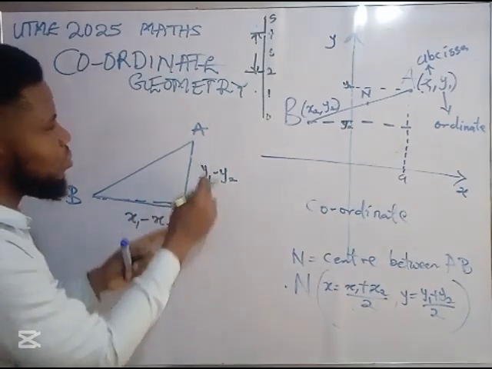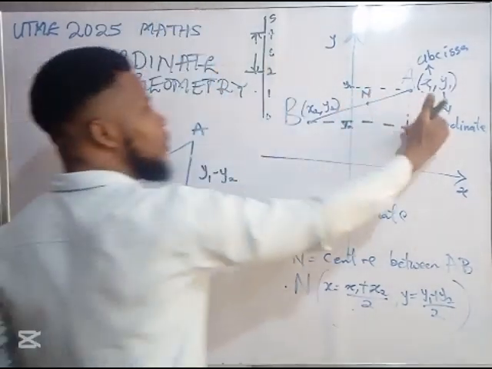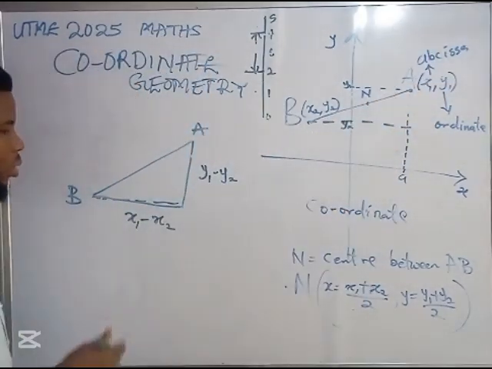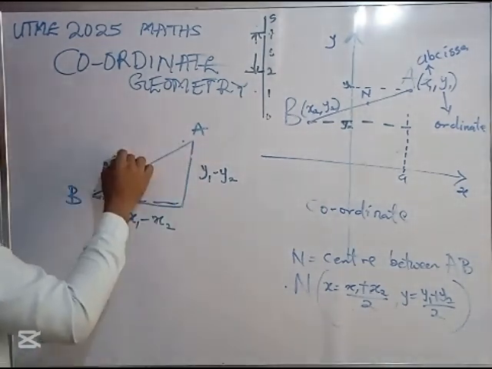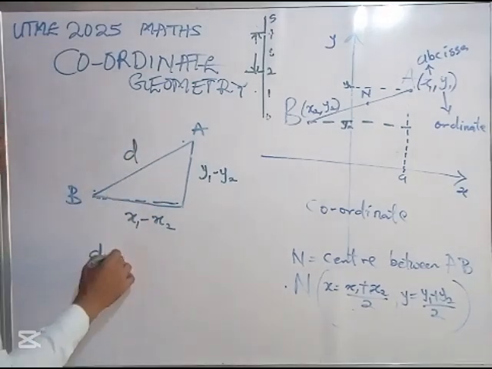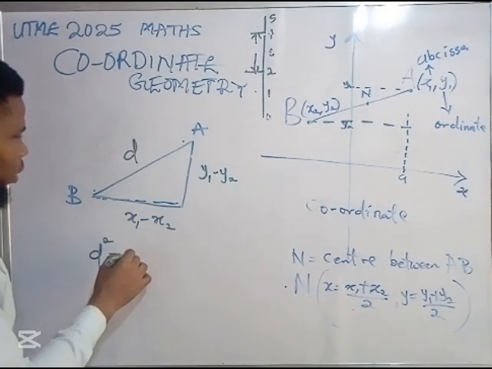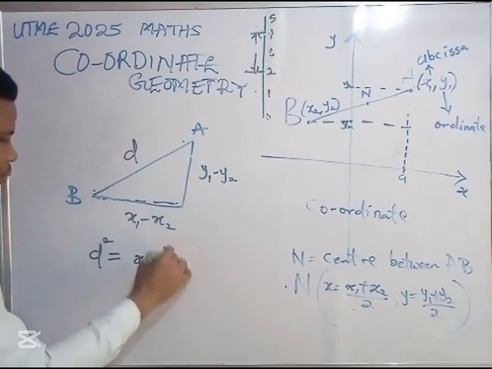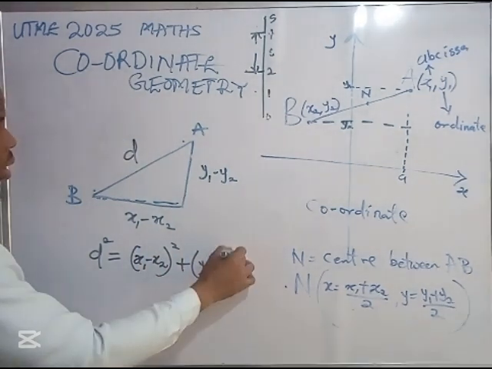So from this place to this place is y1 minus y2 according to my coordinates here. You understand me? So x1 minus x2, right? So if from here to here is the distance, which is AB, or let's just call it distance, the square of that distance will be equal to x1 minus x2 squared plus y1 minus y2 squared.